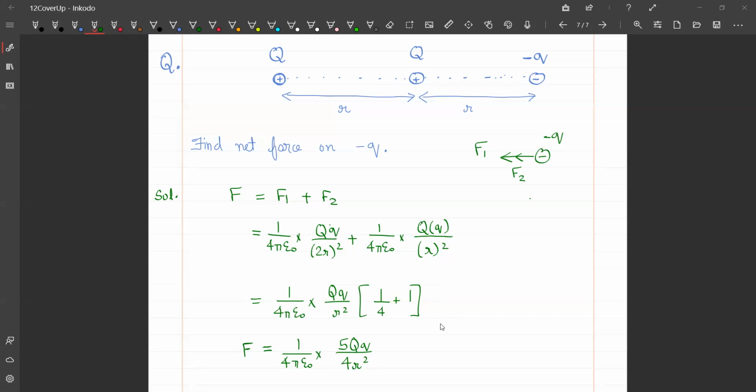Can we get this answer? So minus 11.25 into 10 raised to 9. We don't need to put the values because the charges and distance values are not given.